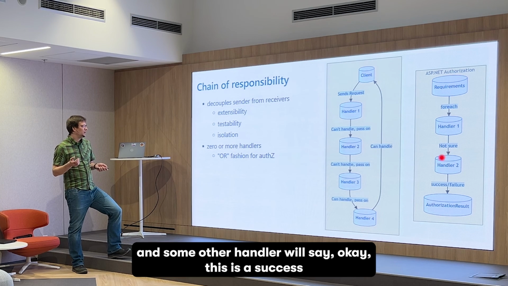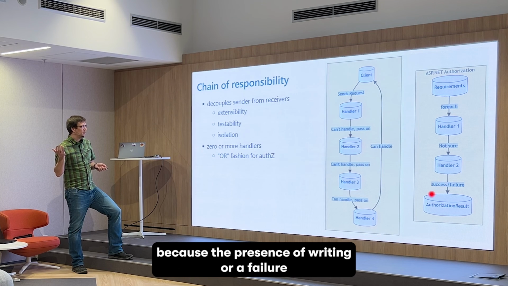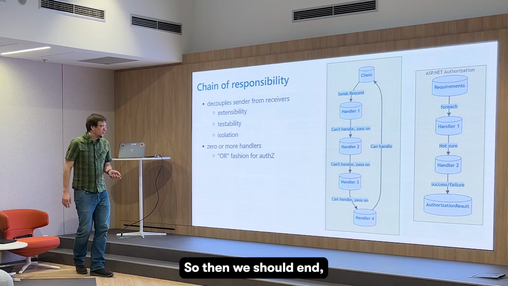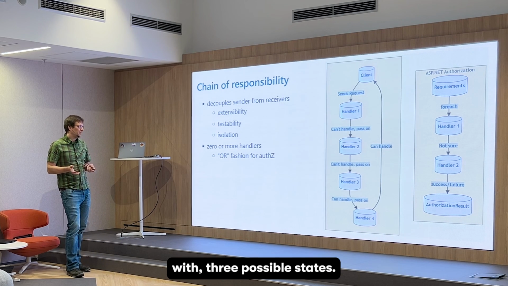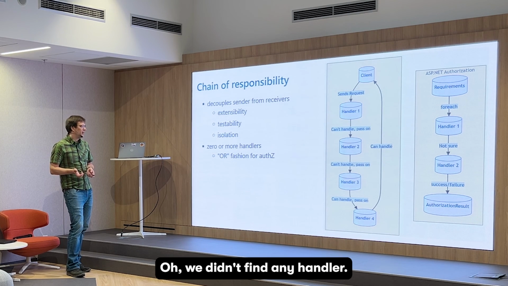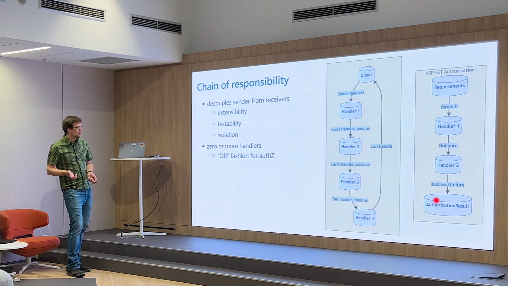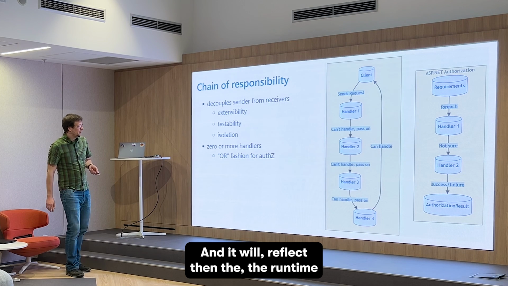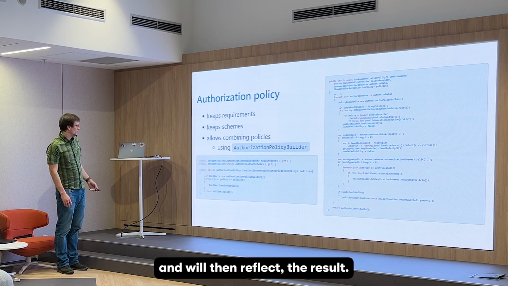And some other handler will say, okay, this is a success because the person is over 18, or a failure because it's not, obviously. So then we should end with three possible states. It's either success or failure, or we didn't find any handler. And there is some authority in the end that will create some authorization result, and the runtime will then reflect the result.